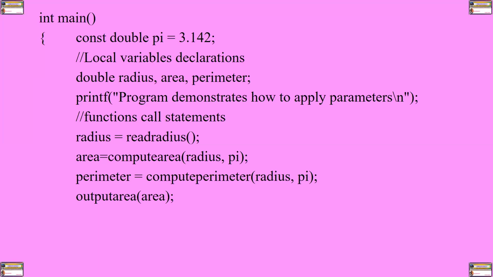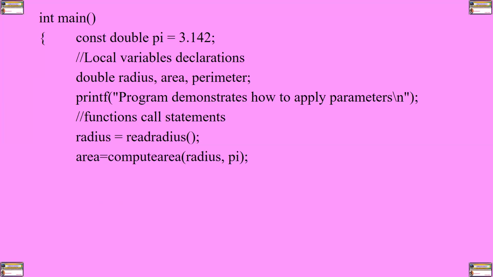And the other function is invoking the function called output perimeter. Now, this order of arrangement of the statements is key. You have to organize them in the order of use or importance. If the second function, like compute area, is going to make use of the value generated by the first function, like read radius, then the invoking of read radius should come first, followed by the invoking of the function which will make use of the value generated by the previous function.